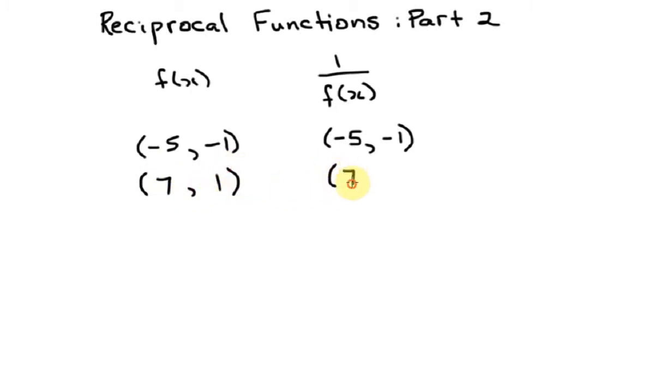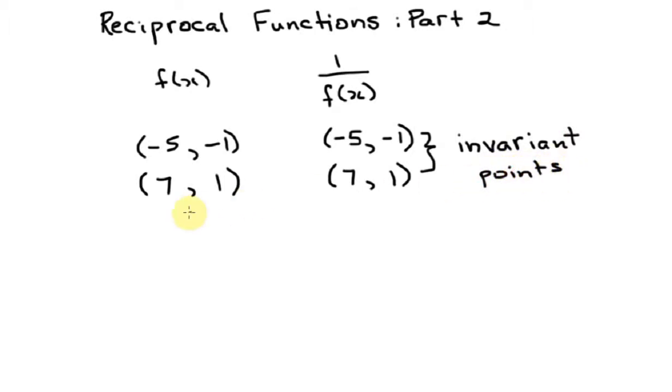That point also would not change. And the reason is the reciprocal of 1 is still 1. Now these kind of points that don't move, they have a special name. They're called invariant points. They're the ones that don't move when we make the change.